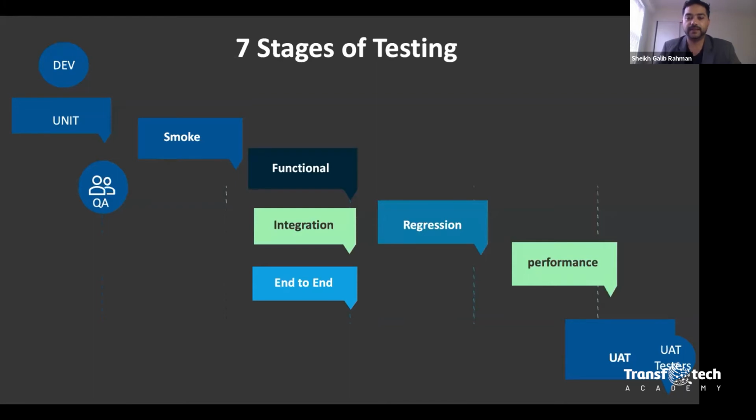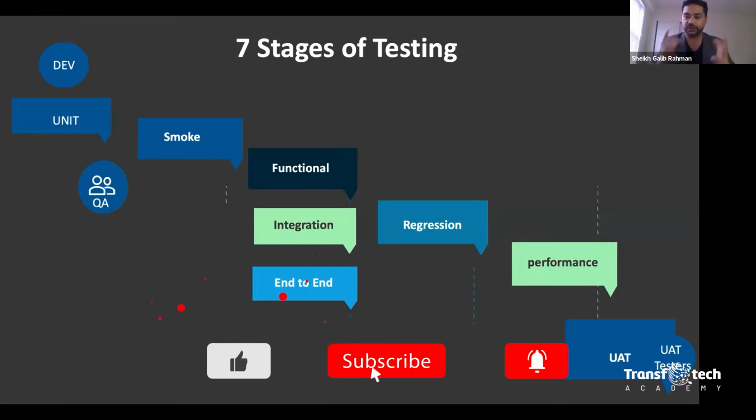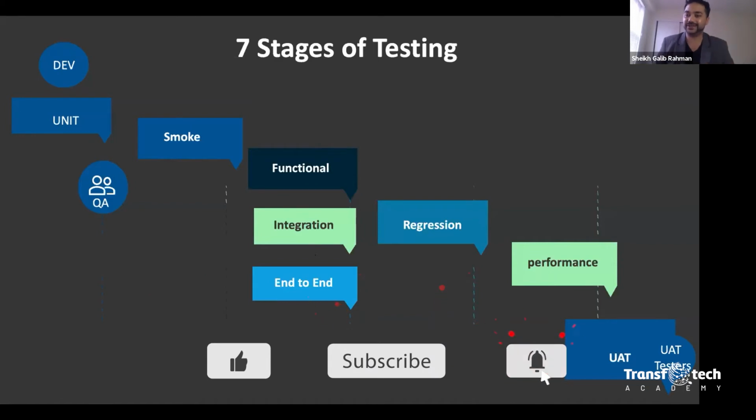Look it up. And then we go for functional, integration and end-to-end. This is where it gets a little tricky. Functional, integration and end-to-end, these three are the main tests for us. So it's a functional test. Each of those user stories that we saw yesterday in Jira has acceptance criteria.